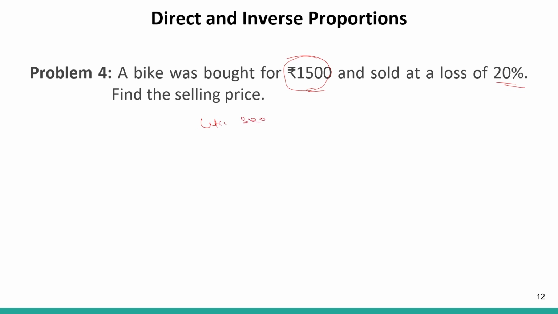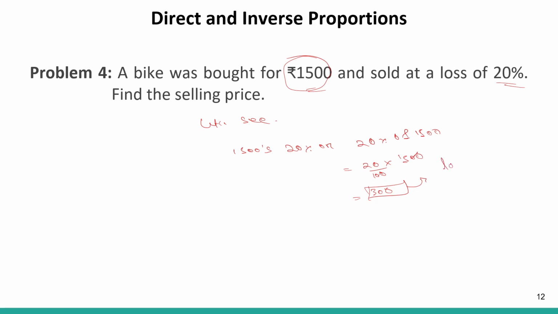Let's see, 20% of 1500 is 20 by 100 into 1500. The zeros cancel out, so 20 into 15, which is 300. So 300 will be the discount.